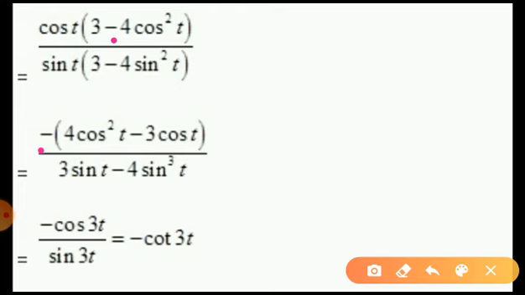So minus of 4 cos cube t minus 3 cos t, because cos t into cos square t is cos cube t, by 3 sin t minus 4 sin cube t. And that is nothing but the formula for cos 3t in the numerator and sin 3t in the denominator. So after simplification, my answer will be minus of cot 3t.